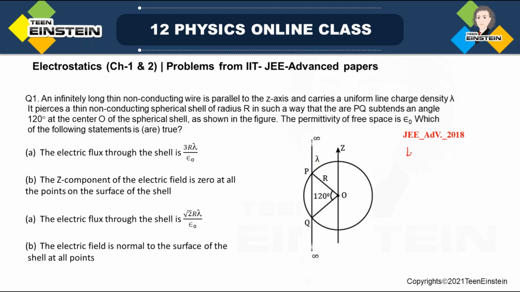Okay, so line charge density lambda, and this line charge is actually piercing a thin spherical shell of radius capital R. As you see, this is a thin spherical shell, just like a plastic ball.